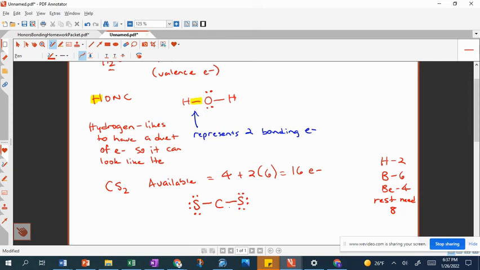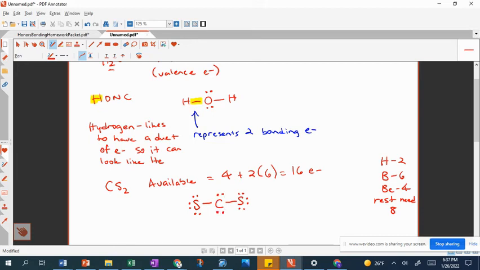Carbon in the middle only has 4 electrons around it right now. Remember, each of those lines represents 2 electrons. Carbon is sharing them with sulfur, so carbon can claim those 4 electrons in those 2 bonds. And then we need 4 more electrons to make carbon stable.